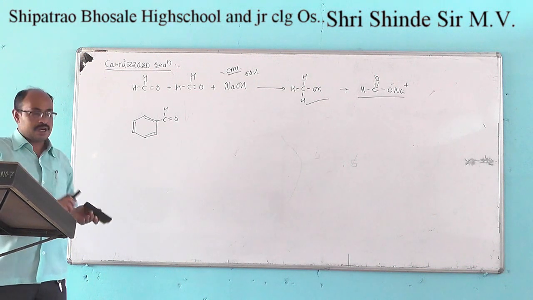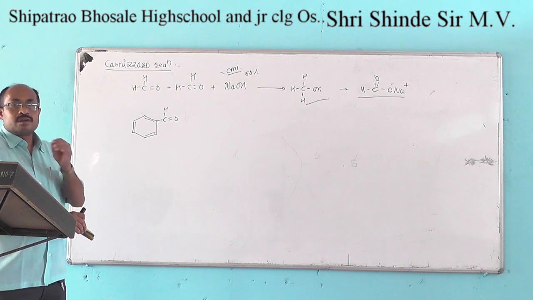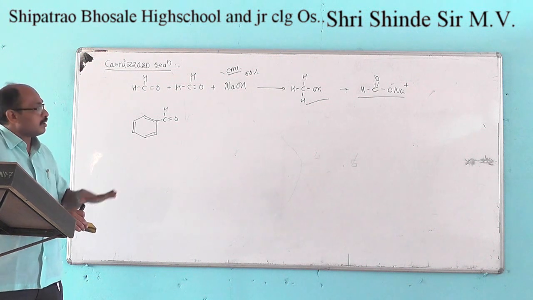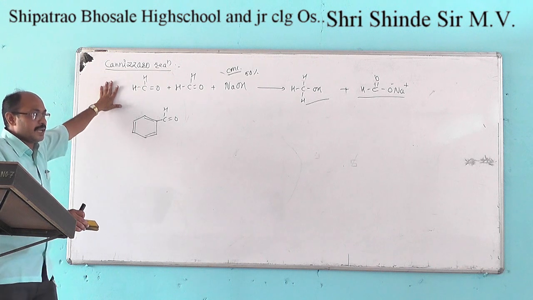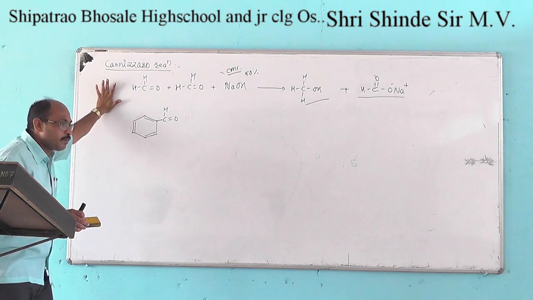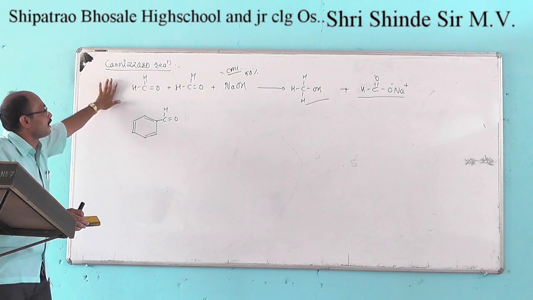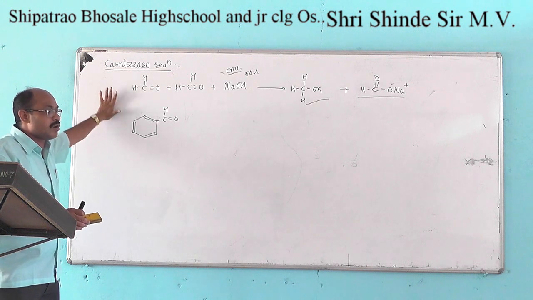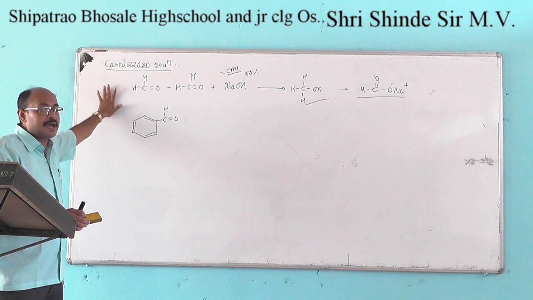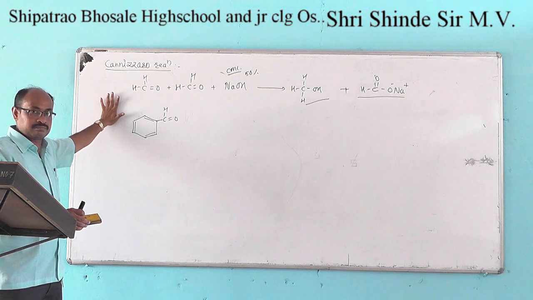One molecule is oxidized to the salt of carboxylic acid, and one molecule is reduced to alcohol. So this Cannizzaro reaction involves the disproportionation of aldehydes which do not have any alpha hydrogen.